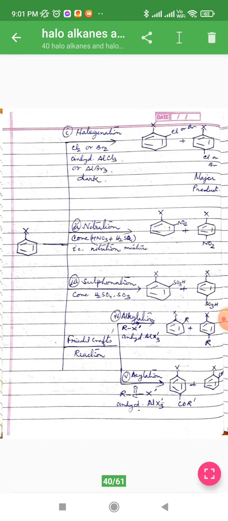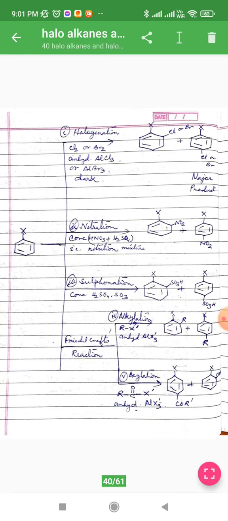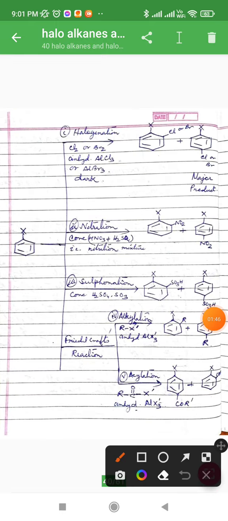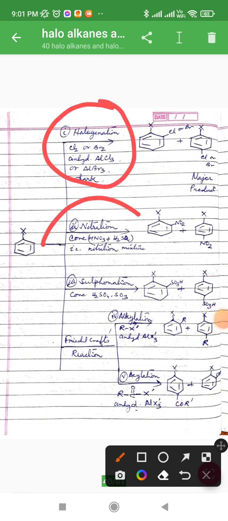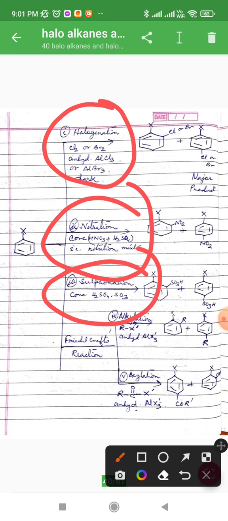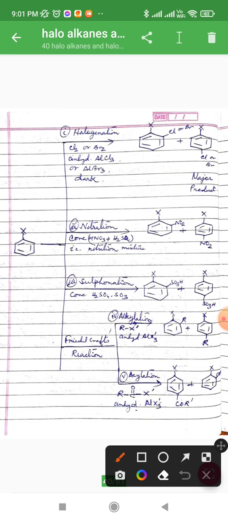So you can see here the 5 reactions. Normally, as I told you, in all the chapters we'll have these 5 sets of reactions: halogenation, nitration, sulfonation, and Friedel-Crafts alkylation and acylation. Now in this halogenation reaction, as you know, we need a halogen.